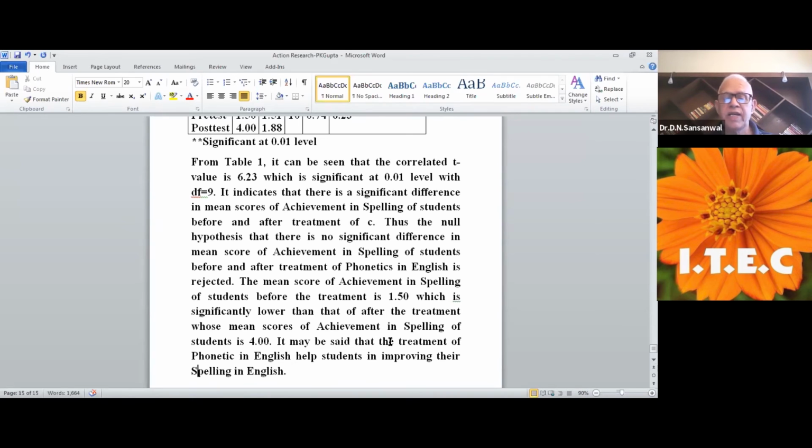Now, if you write this, this becomes the finding. So I have taken the one objective.